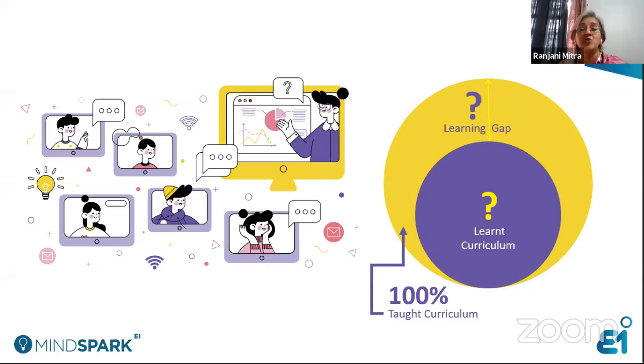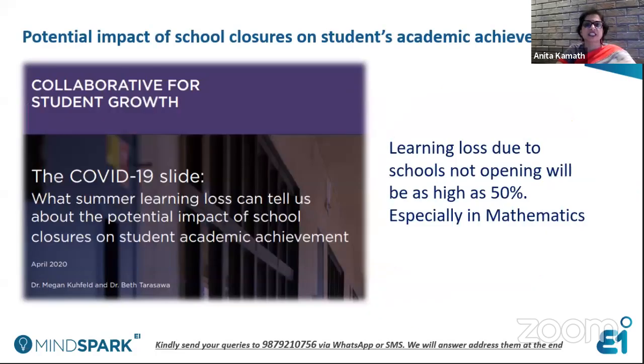Things can get a wee bit alarming if we don't take the right steps as educators. Let me share this report that we have seen: learning loss due to this pandemic will be as high as 50%, and especially in mathematics.